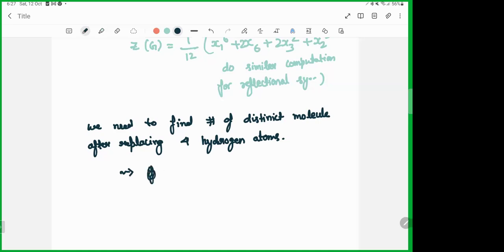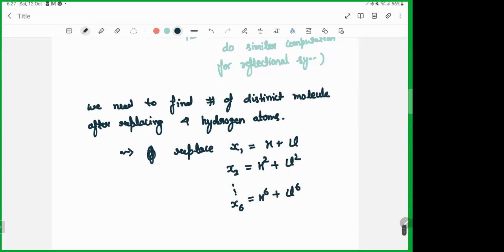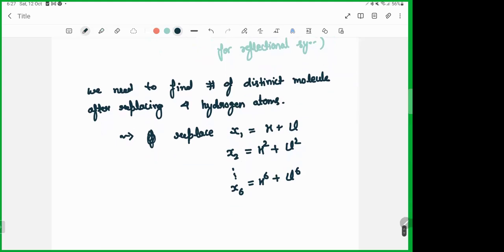So this is how we will do it. Replace x1 by H plus Cl, x2 by H2 plus Cl2, and so on, x6 by H6 plus Cl6. Then we have to find the coefficient of H2Cl4, right? So basically we replace 4 hydrogen atoms by 4 chlorine.